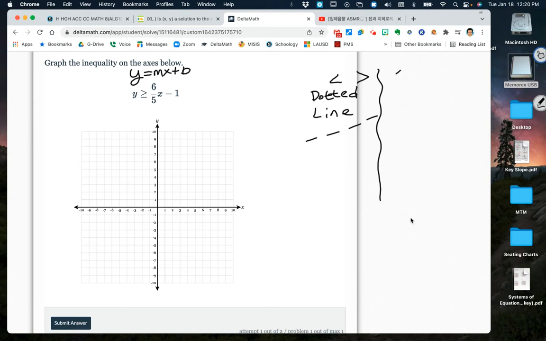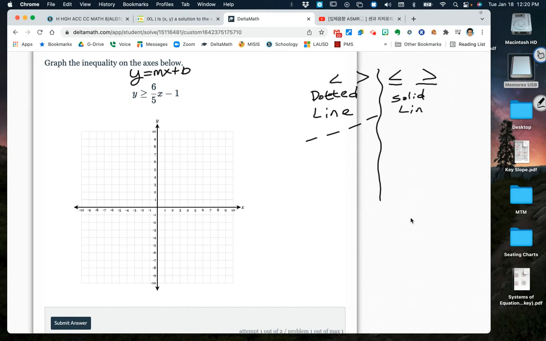When we have less than or equal to or greater than or equal to, when we were solving inequalities in one variable, what kind of point did that give us? Closed. Here, that's going to be what's called a solid line, like we're used to graphing.